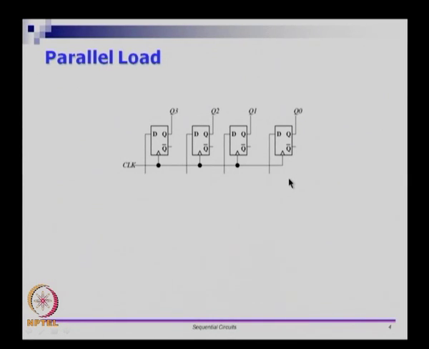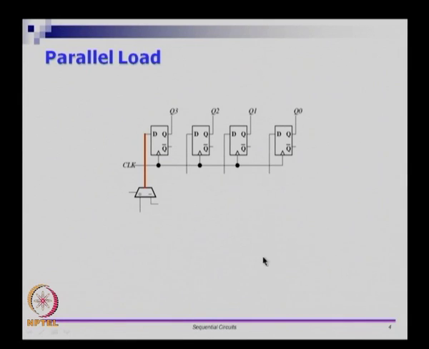What we are going to provide is a control signal called load enable. If load enable is 1, we want something to be loaded from the external world, we want to copy something from the external world. If load enable is 0, we want to retain the previous values that we had for Q3, Q2, Q1 and Q0. Let us see how this can work.